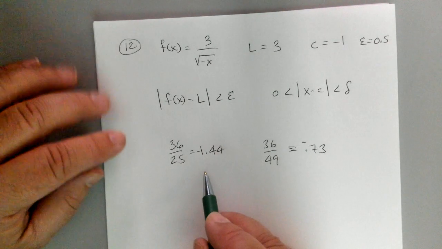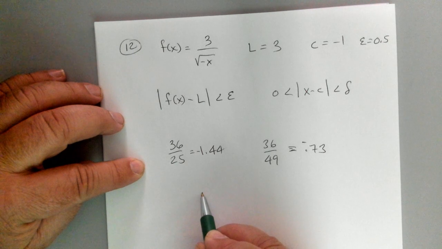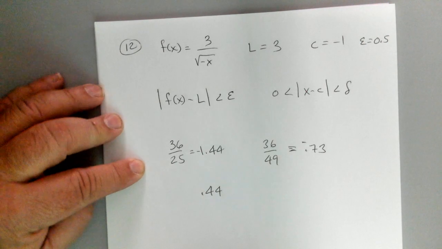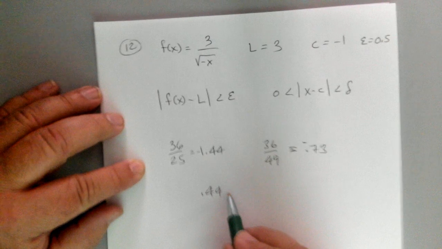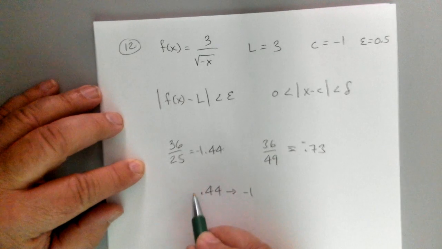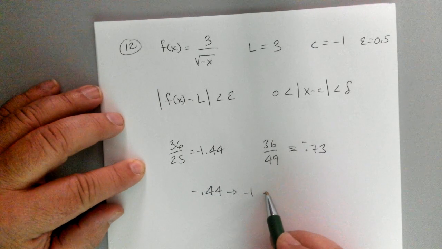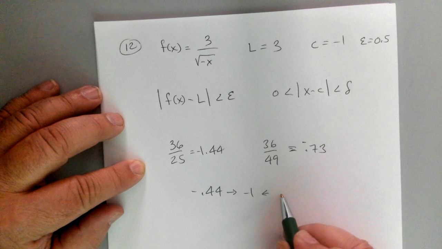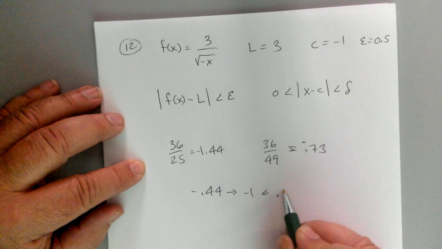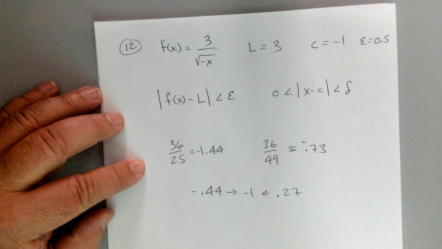Yeah, because the 36 over 25 is 0.44 away from -1. And the 0.73 is 0.27 away.